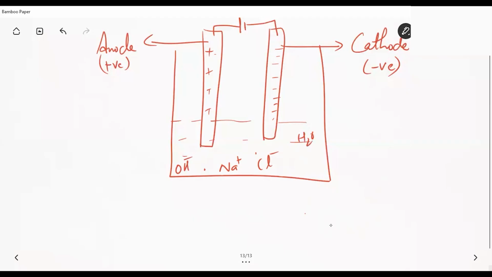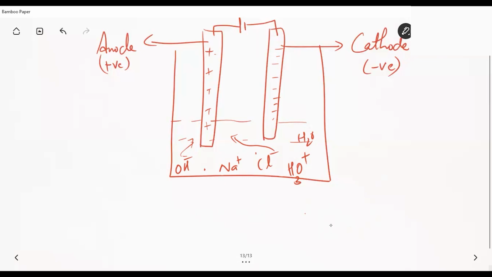I am just writing each ion one time, OH minus, then H3O plus. Now this is the positive electrode, which is the anode. So negative ions, Cl minus and OH minus, will go to the anode.